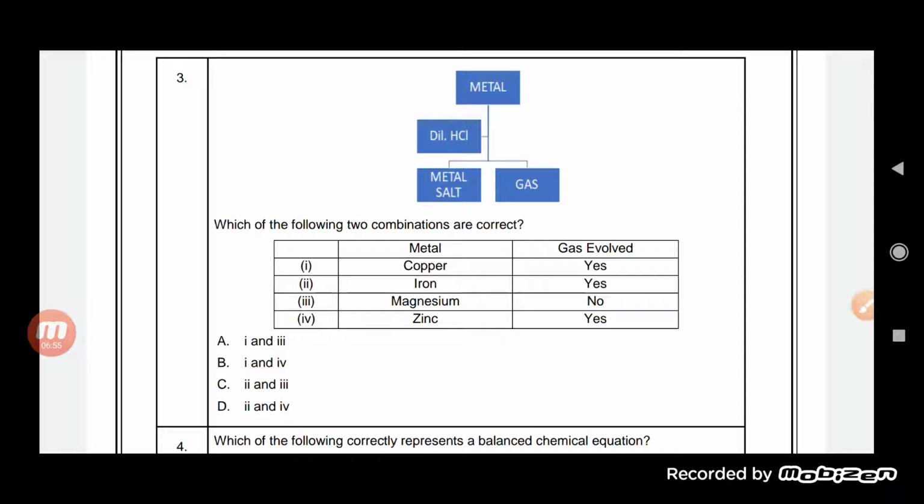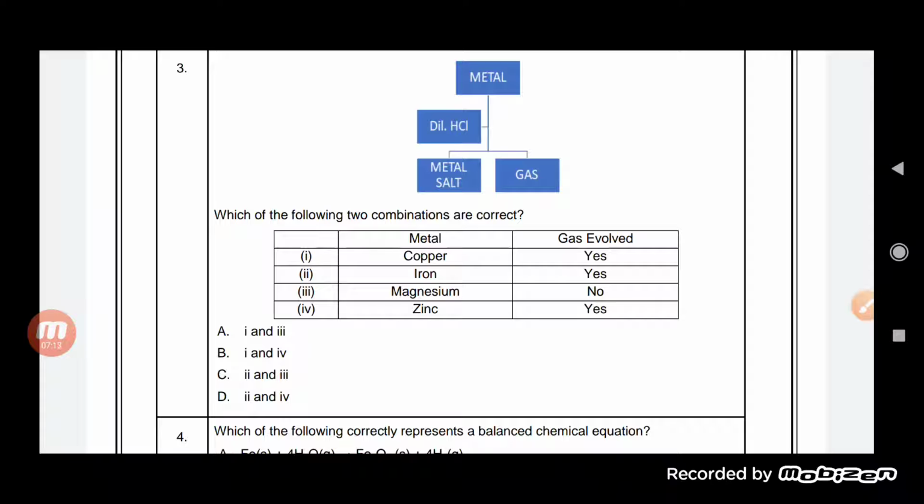Now let us see which combination will be the correct one. The first one is copper, and the gas evolved. Copper is less reactive than hydrogen. Now see the second option, which is iron.